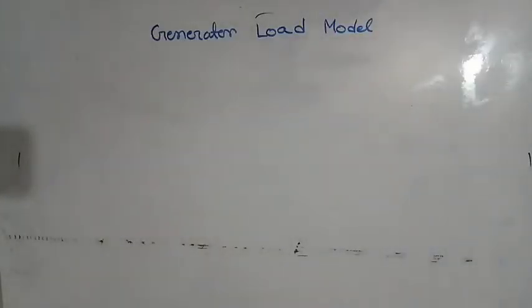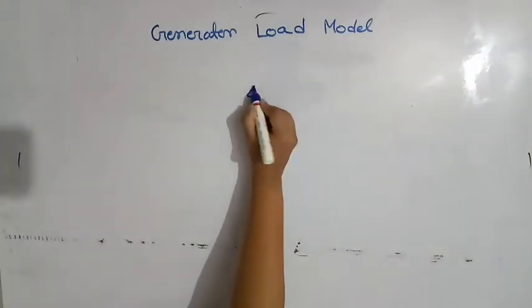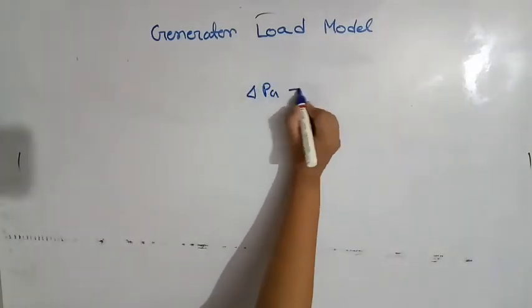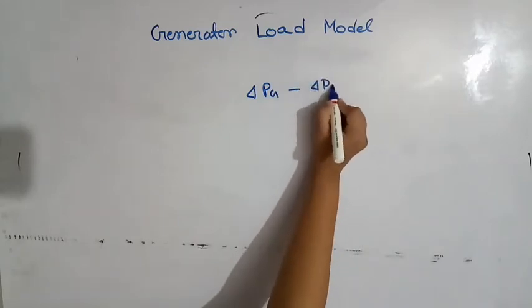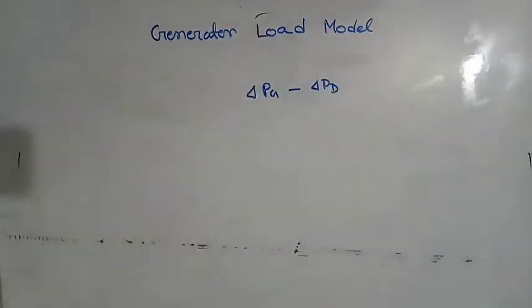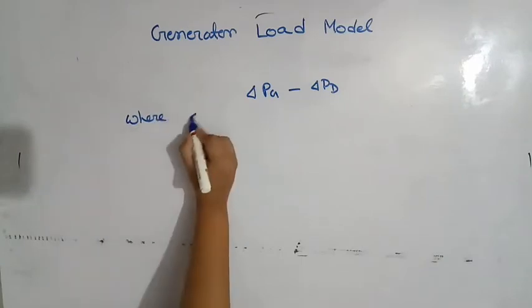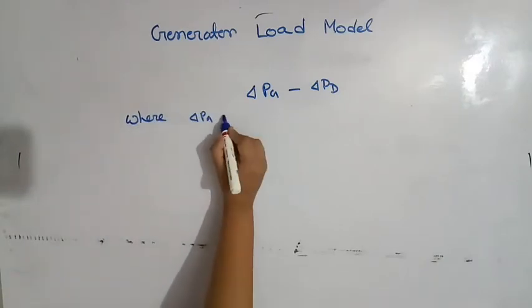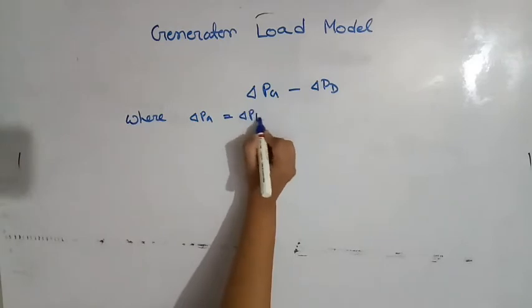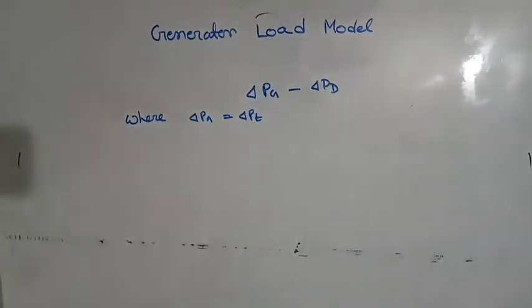Now the increment in power input to the generator load system is delta PG, that is power generation, minus delta PD. Here delta PG, the output power of the generator, is equal to delta PT, the output power of the turbine, the incremental turbine power output, assuming the generator incremental loss to be negligible.